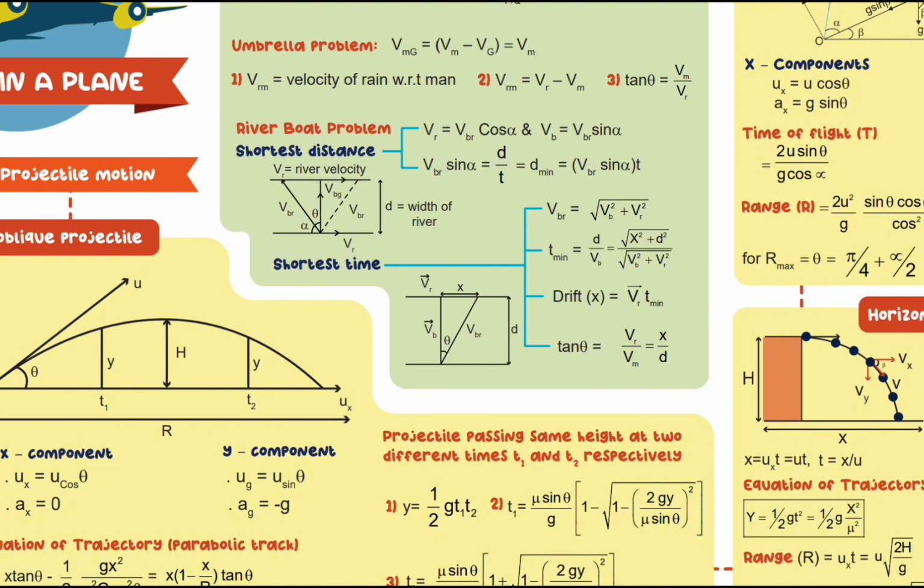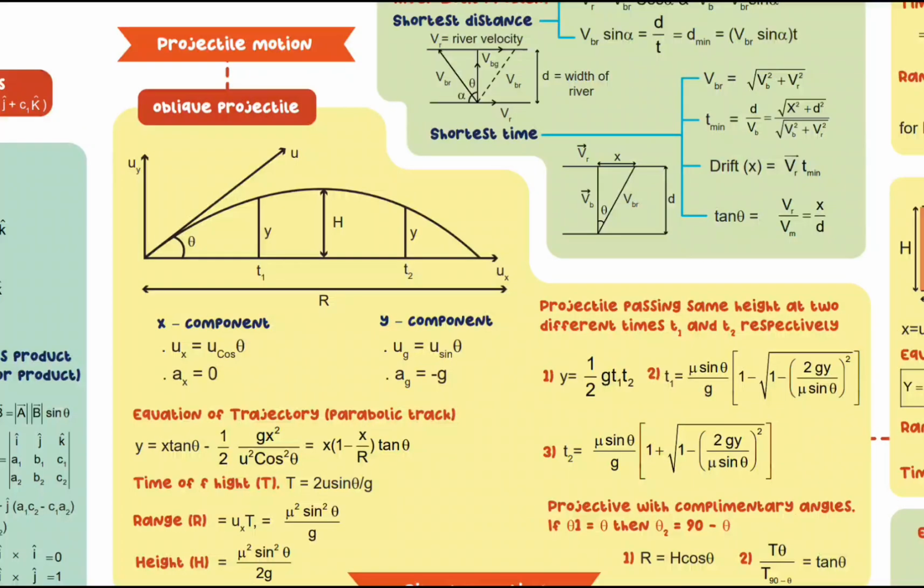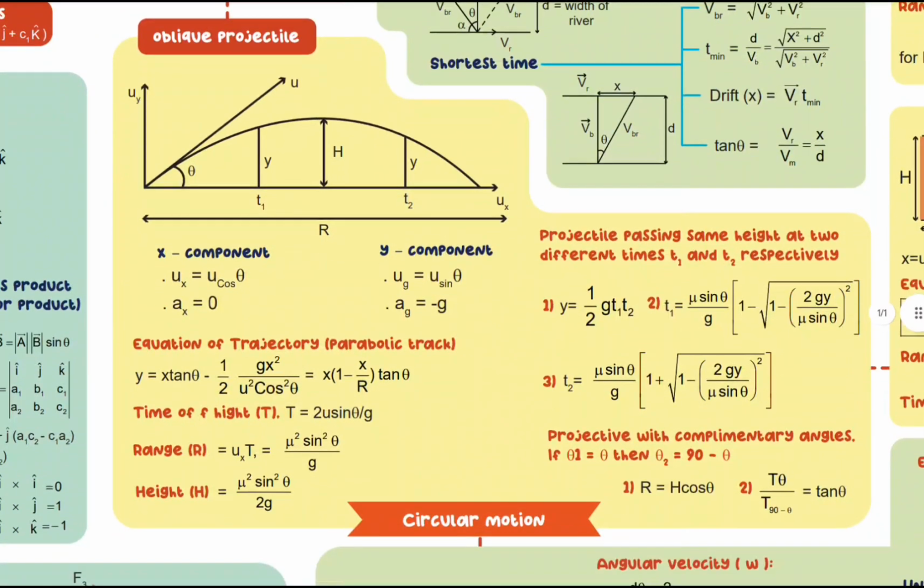Shortest time: Vbr is equal to root of Vb square plus Vr square, and minimum time equal to distance by Vb, which is equal to root of x square plus d square by root of Vb square plus Vr square. Drift equal to Vr into minimum time, and tan theta is equal to Vr by Vb, which is equal to x by d.